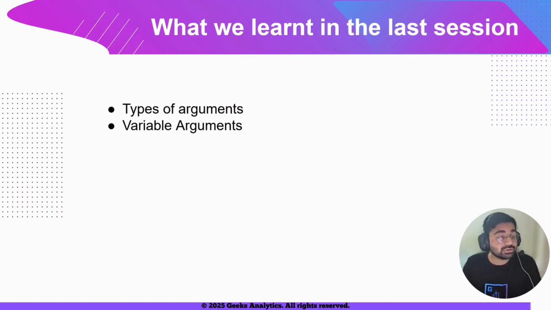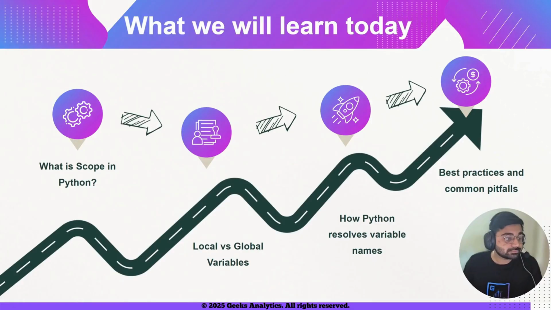So this is a very crucial topic because you can face errors like the variables cannot be accessed somewhere, or your program throws some error whenever it is running inside the function. So today we'll learn how Python decides which variable to use when multiple variables of the same name exist in different places in our code.